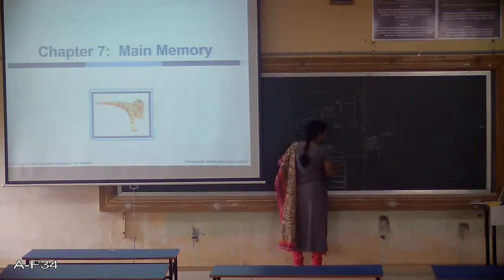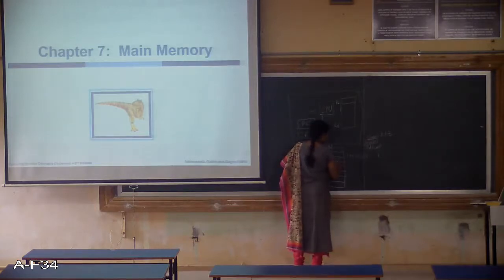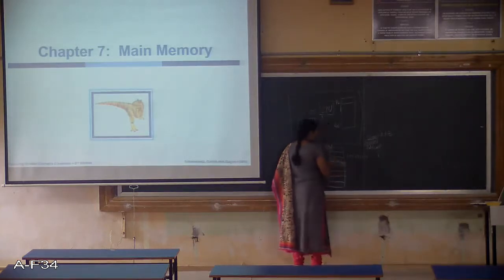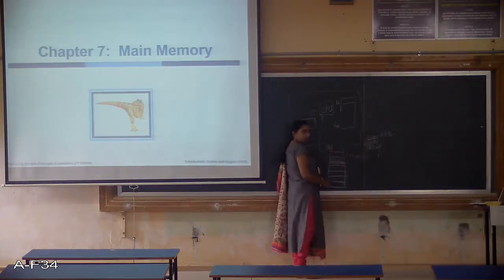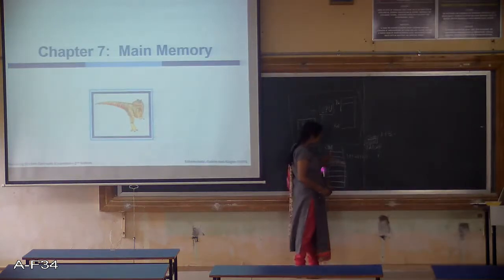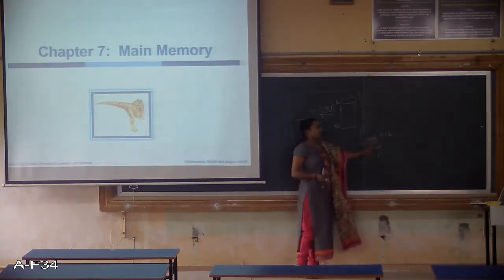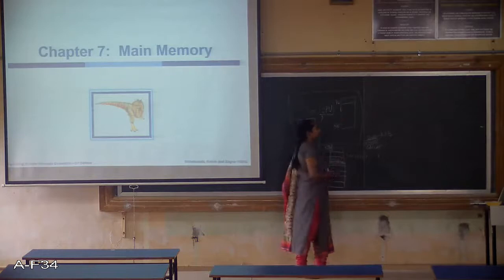Similarly for A and B, so sum, A and B are three memory locations. In the part of memory allocated to this program, there will be space for storing the value of sum, space for storing the value of A, and space for storing the value of B.